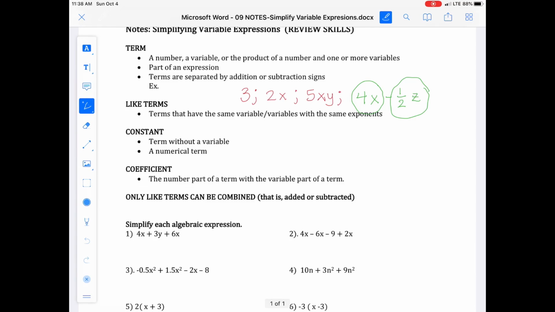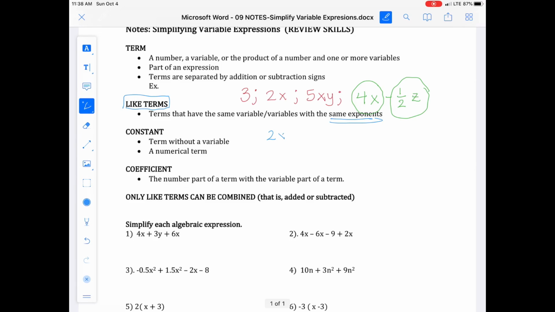Often when you have multiple terms, some of them could be like terms. Now let's look at that definition. Like terms have the same variable, and keep in mind that the variable has to have the same exponent.